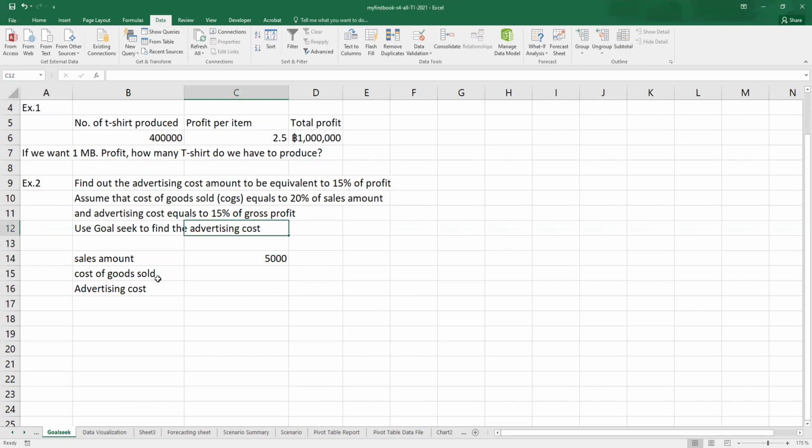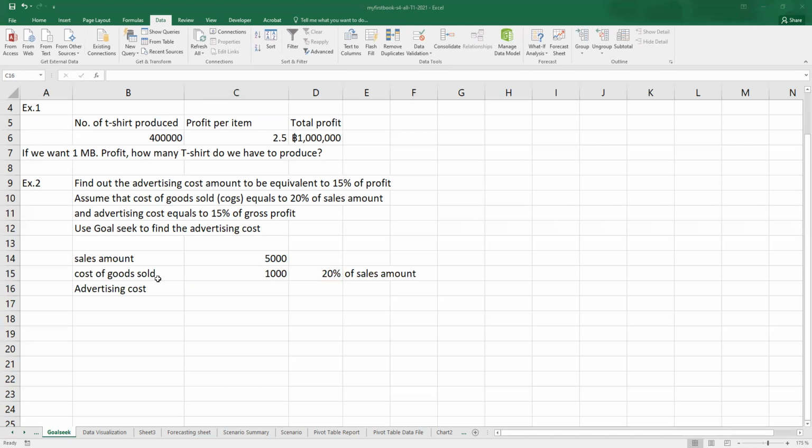And assume that cost of goods sold is 20% of sales amount. So this one, we just calculate it easily. We just multiply this sales amount by 20%. That is 1,000.